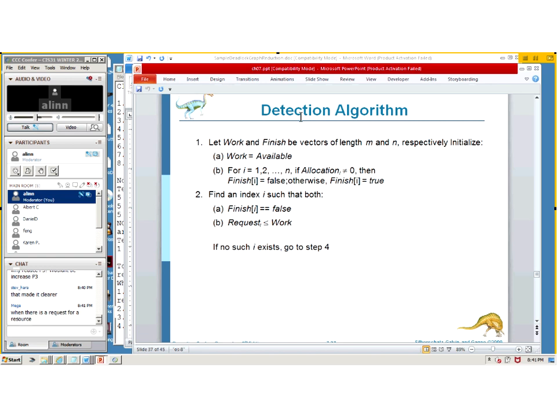Mega, that's a good idea, but remember what I said about how often you request resources? And this algorithm is going to take up much more compute time than the previous avoidance algorithm. So I probably would not do it every resource request.